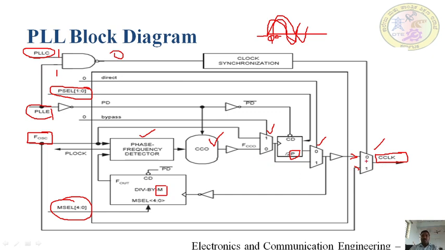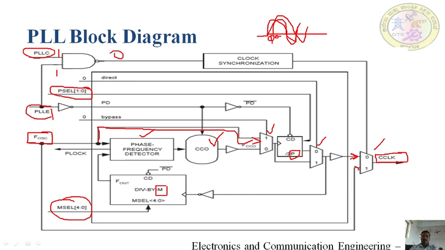There may be variation in this oscillator frequency due to so many conditions, but in order to maintain the stable frequency, this CCLK must take the input from this PLL. Okay, and here you can see the bypass, that is bypass. Here FOSC can be directly connected if this bypass is applied.